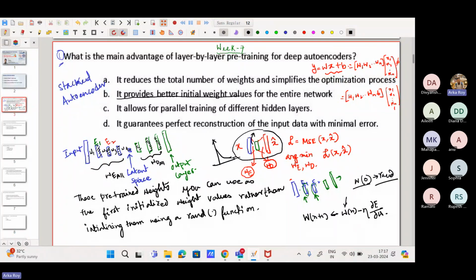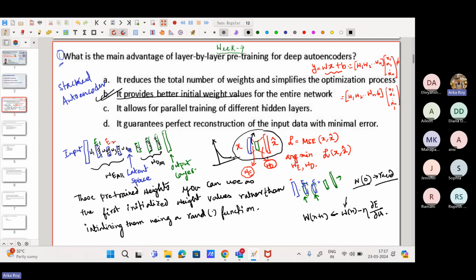Now you can use those weights while training the whole model again. So these are good weights to be initialized while training this whole model, rather than training them from scratch using a rand function. So it provides better initial weight values for the entire network. So this one is true.